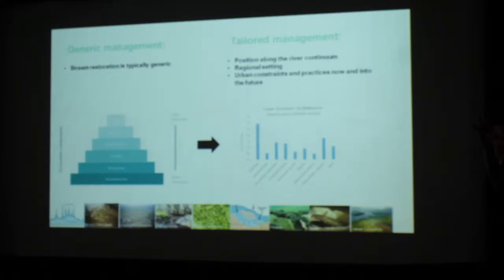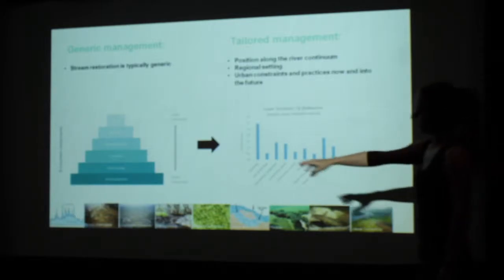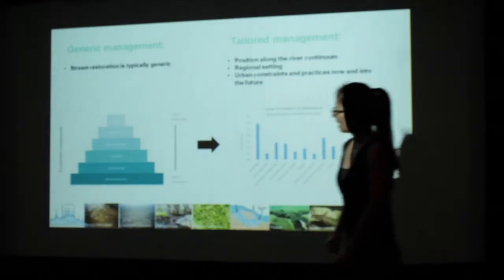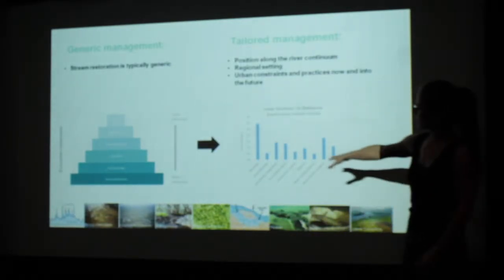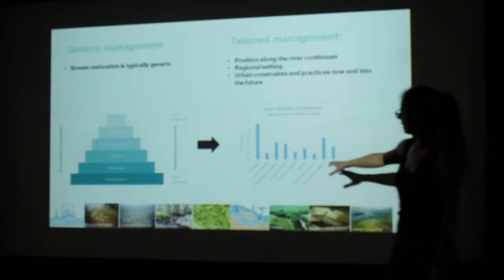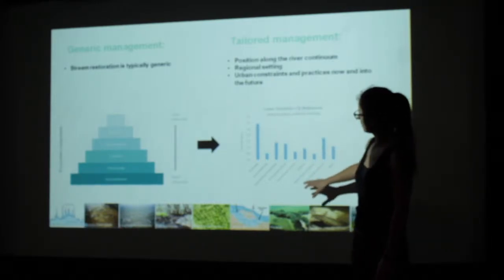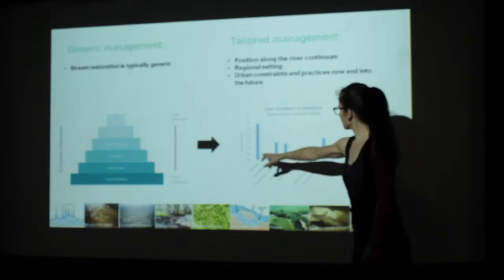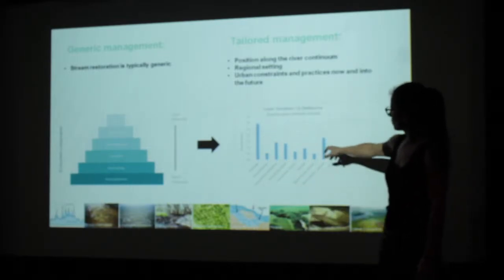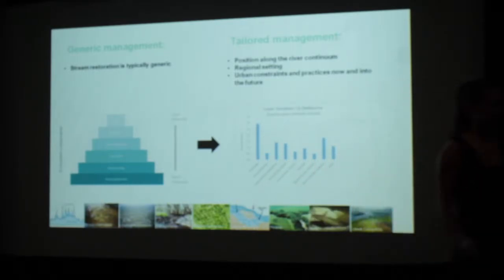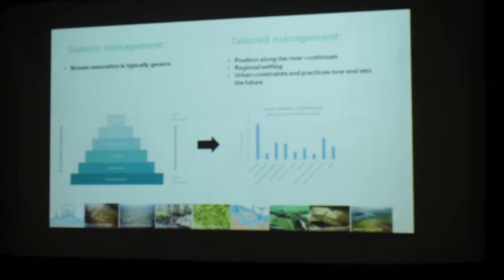And then if we take that all into consideration, instead of this generic guidance, we could come up with something that's quite a lot more tailored, which could say, for any given site, maybe fix flow first, then come over and fix water quality. So this is what the Restore tool itself actually does.